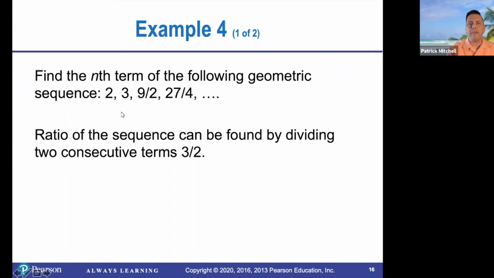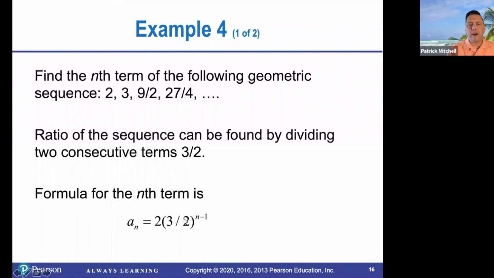That's called the common ratio. The easiest way to find the common ratio probably is just to divide any term by the term before it. So for example, 3 divided by 2 would give you 3 halves. So the common ratio of this sequence is 3 halves.